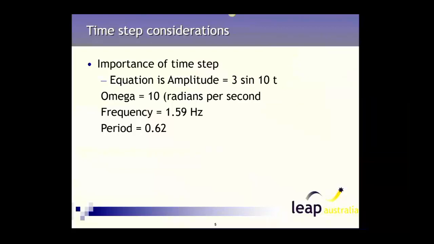So if we take just a very simple example, the easiest way to explain this is to put an equation into Excel and then vary your delta t and then see how closely your plot matches what you're putting in. Because we know what this sine wave is going to look like, we've got a frequency of 1.59 hertz, so our fundamental period is 0.62 seconds.